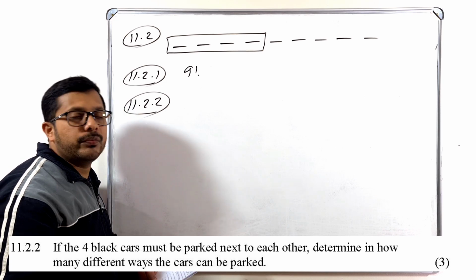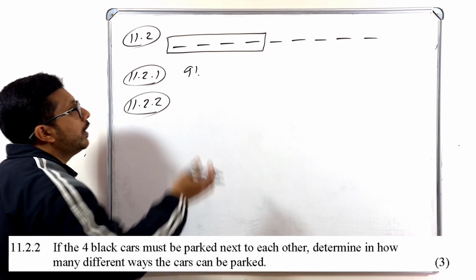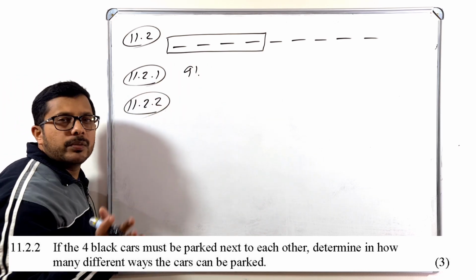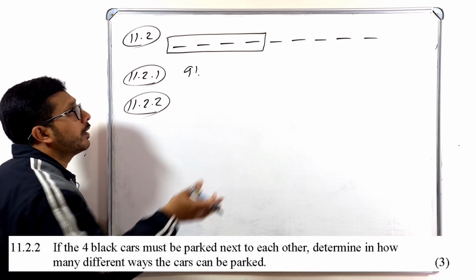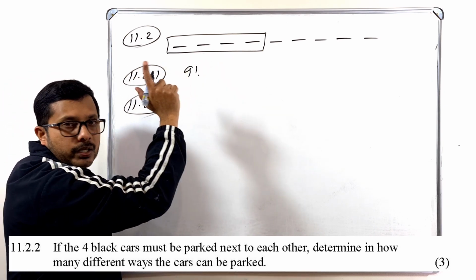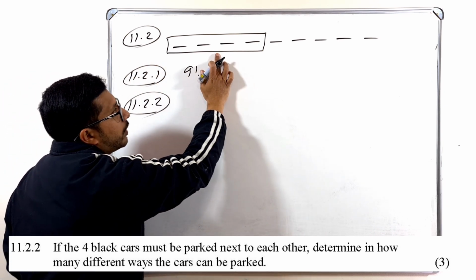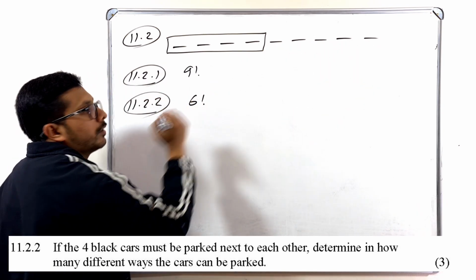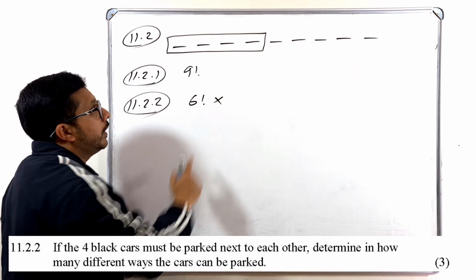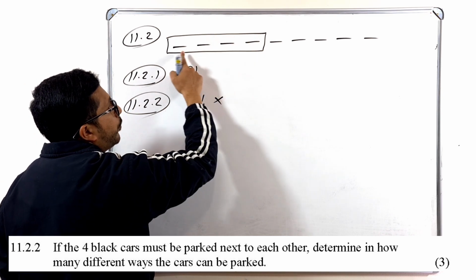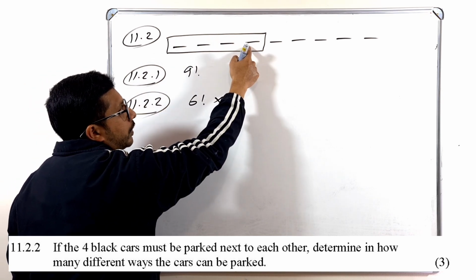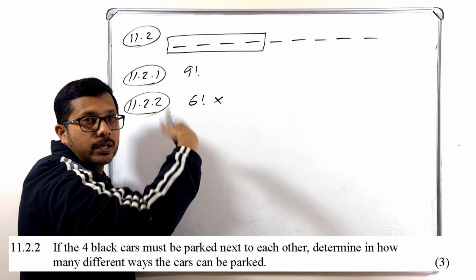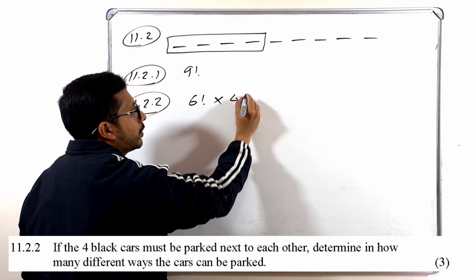Determine in how many different ways. That means just a number. What you have to do is very simple. You consider this as 1. Then count like this: 1, 2, 3, 4, 5, 6. That is 6 factorial, times inside this group, how many? 1, 2, 3, 4. That means these 4 cars can park 4 factorial different ways.